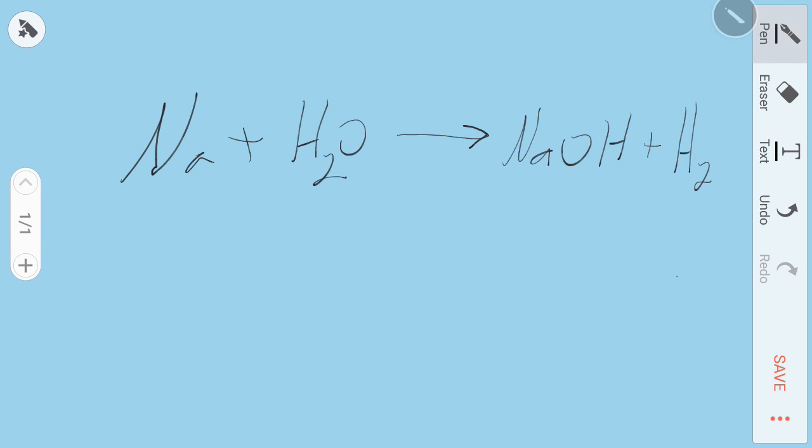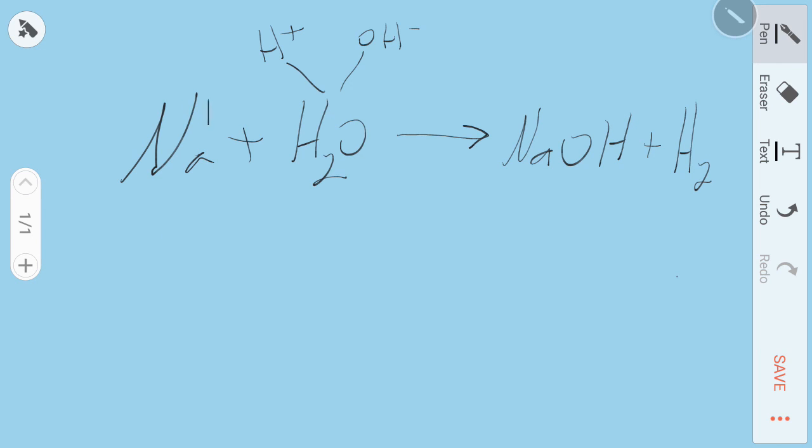I really like this problem because it emphasizes one of the rules that we had with water, and that is I split it up right in the beginning to H+ and OH-. Now, if I have these as my reactants, it looks more like a single replacement reaction, and that's how it behaves.